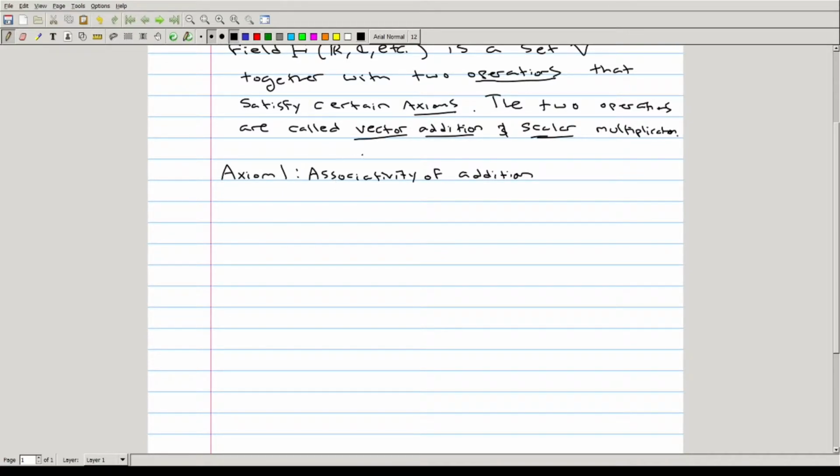And this means that for any three vectors u, v, and w in the set V, u plus v plus w is equal to the same vector as u plus v plus w.